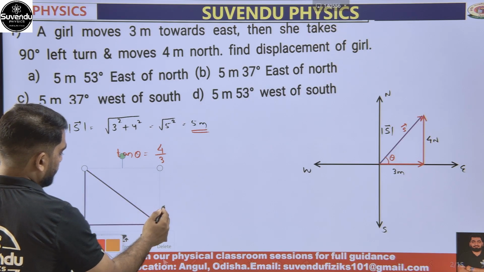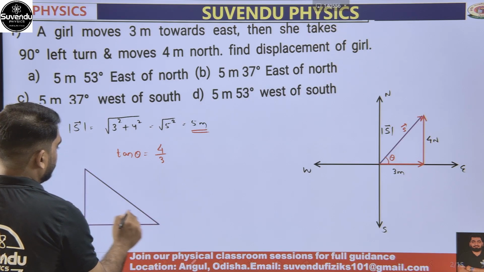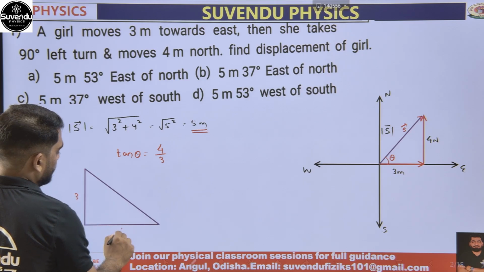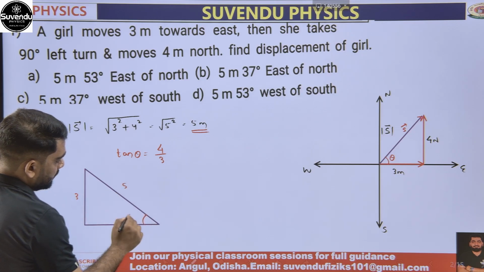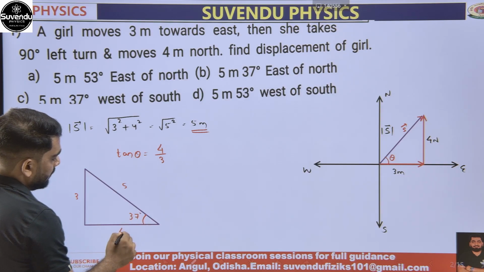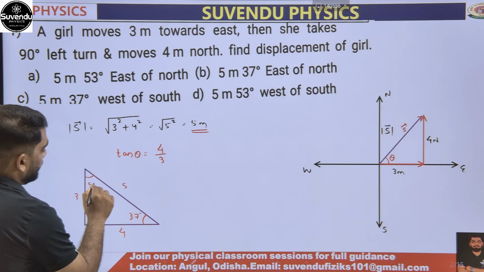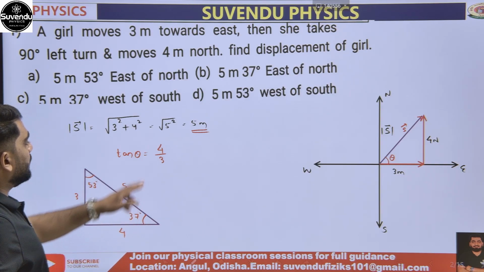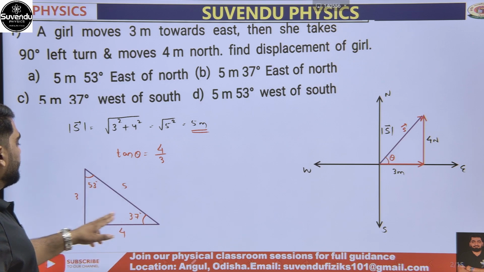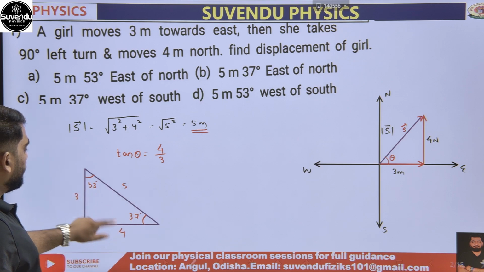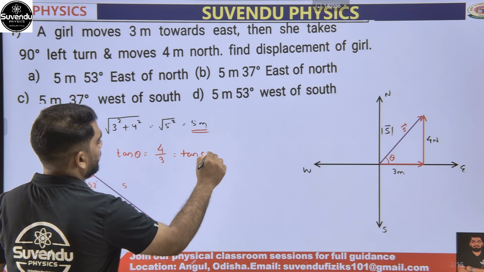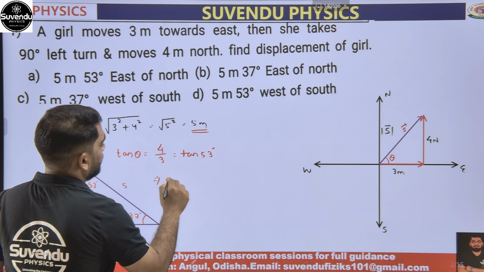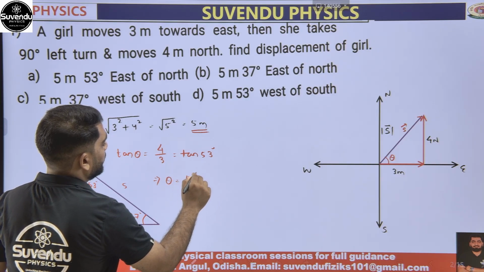What is the concept behind this 3, 4, 5 triangle? Now see, this is 3, this is 4, this is 5. The angle facing 3 represents 37 degrees, and the angle facing 4 is 53 degrees. So if it is written 4/3, then what is tan 37? 3/4. And tan 53? 4/3. So 4/3 means tan 53 degree. Finally, we came to know theta is equal to 53 degree.